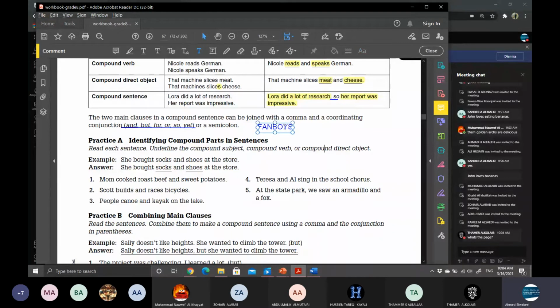Do you know what FANBOYS refers to? What does FANBOYS refer to, guys?